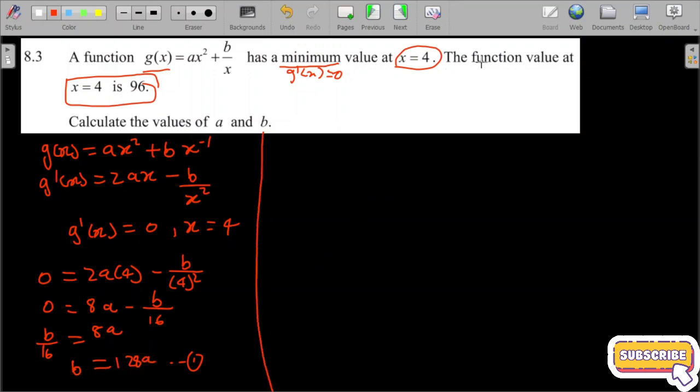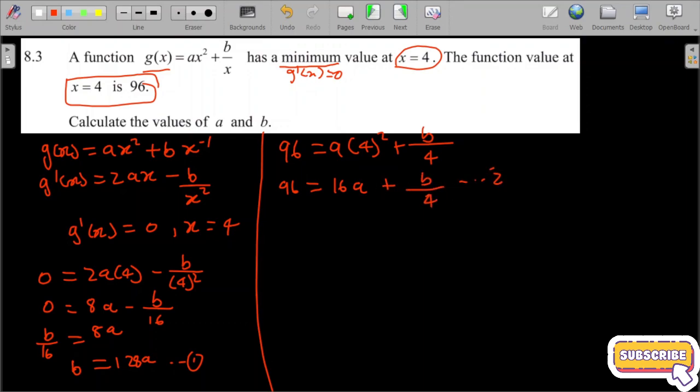Now let's do the other part. Now the function value at x equals 4 is 96. Now 96 is equal to, substituting in this function that I have here, a, and then my x value is 4 squared, then plus b all over 4. Now from here I'm having 96 is equal to, now this is going to give me 16a, and then plus b all over 4.